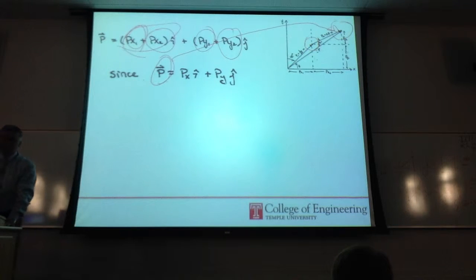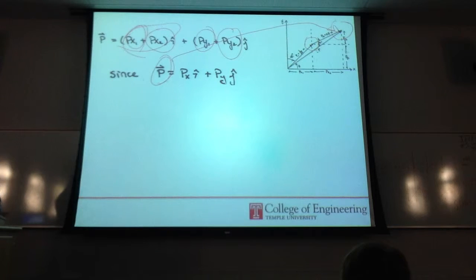So what we basically did in the equation that we had before, we factorize the unit vector I. Okay? Do you remember that? P was equal to px1i plus py1j plus px2i plus py2j. Both of them have I and j. We factorize I, and that's why we now have px1 plus px2.